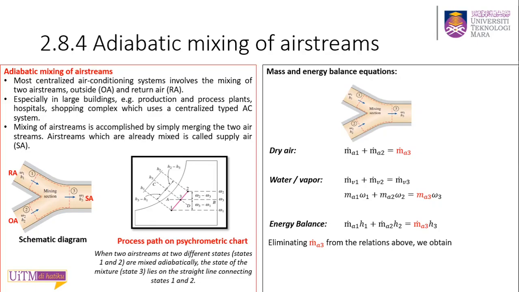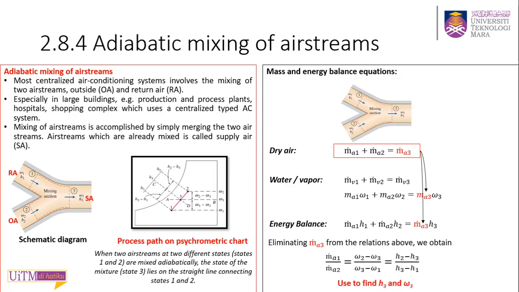Now, we can combine all three equations by eliminating m_a3. By doing this, we can get the ratio equation, and this equation can be used to find either the specific humidity or the specific enthalpy at state 3.